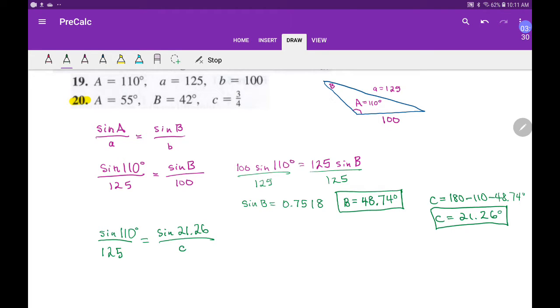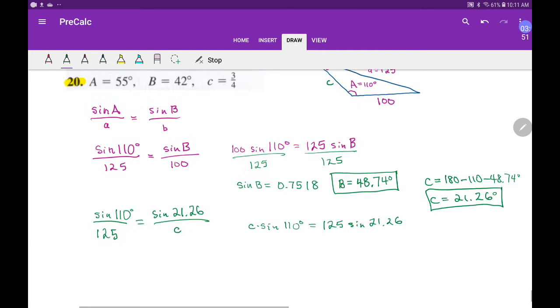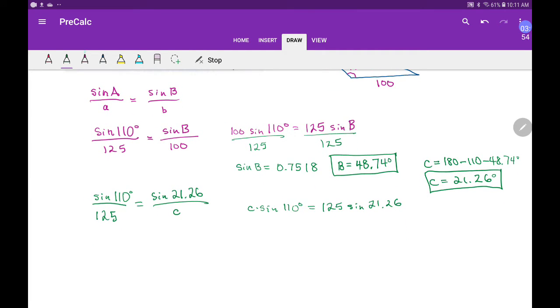I meant to say C. Oh well. C times the sine of 110 is equal to 125 times the sine of 21.26. We cross multiply. We're going to divide by the sine of 110.